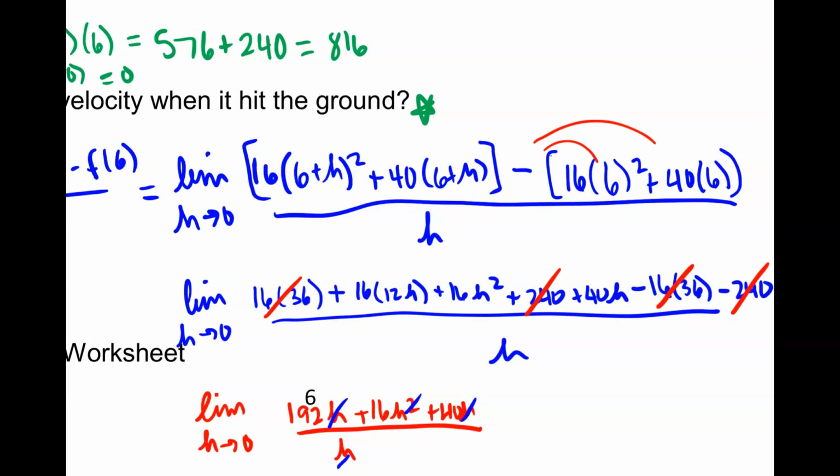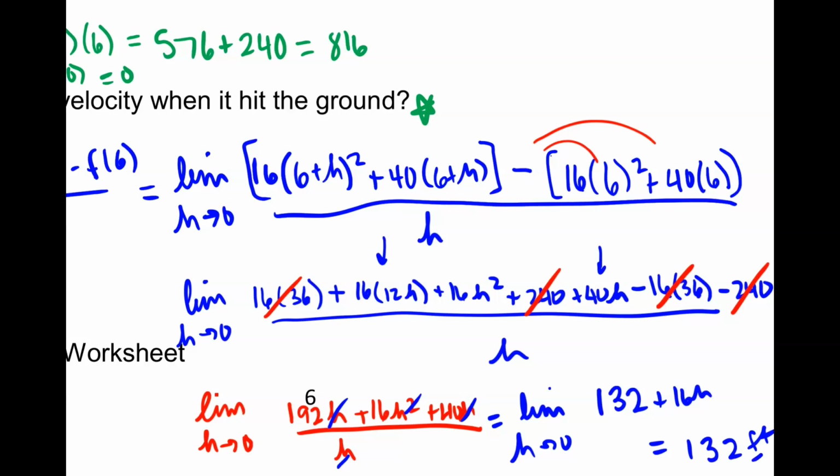Oops, I should have simplified that. Forgot that these two can be combined. 40 plus 192 is going to be 132. 132 plus 16h as h goes to 0, so it's just going to be 132 feet per second.